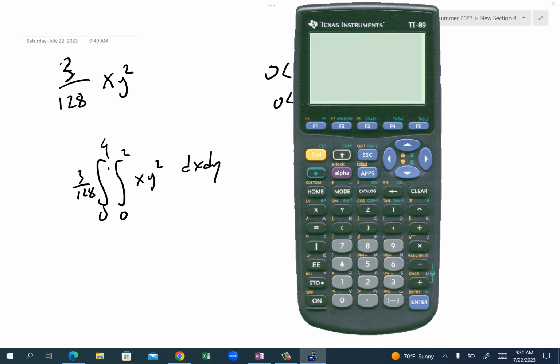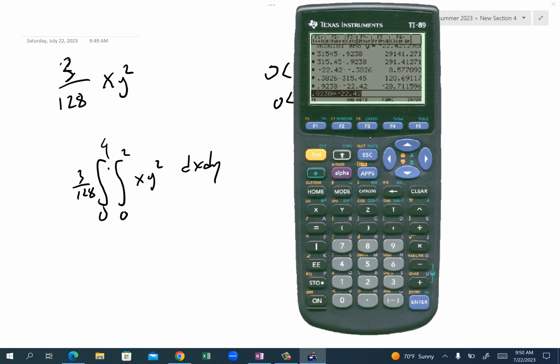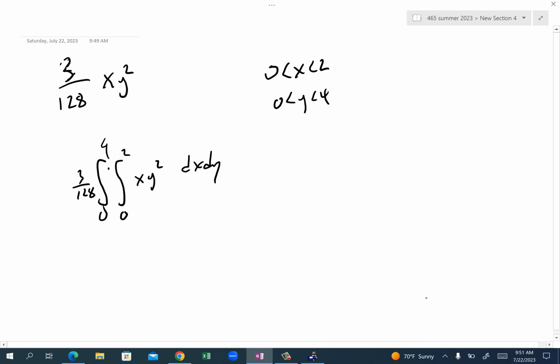Somehow you've invented negative probability, or there's a bunch more outcomes that you just negated, or said they don't exist, and that's weird. So I'm going to do 3 divided by 128, and then integrate x times y squared, dx, from 0 to 2, dy, from 0 to 4. Yay, it works. Woohoo!